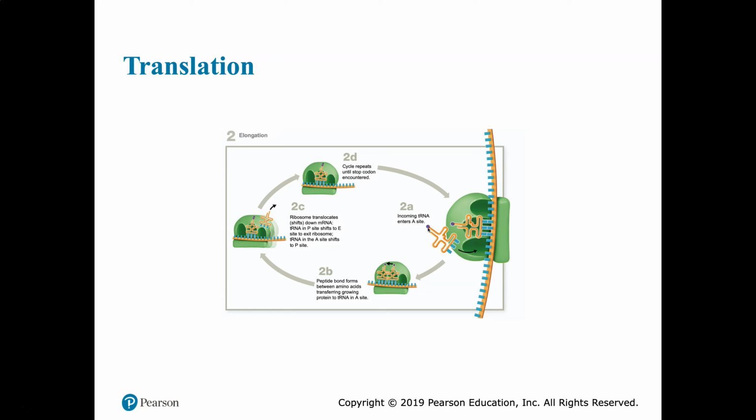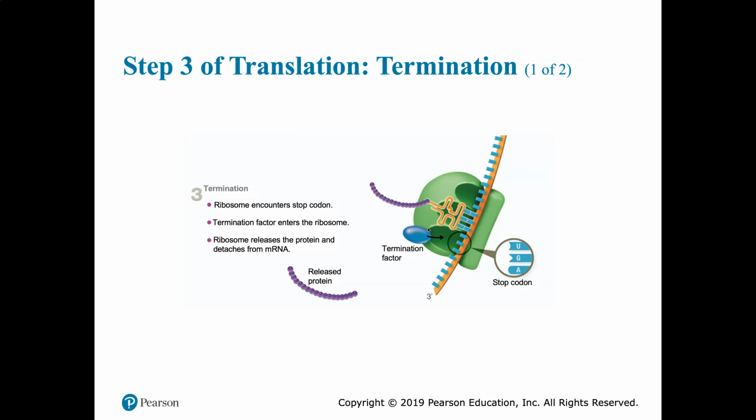The ribosome keeps reading and it keeps adding amino acid after amino acid after amino acid until eventually it hits a stop codon. UAA, UAG, UGA. One of those three. Here it hits a stop codon, UGA, so right here, UGA, there's a termination factor there.